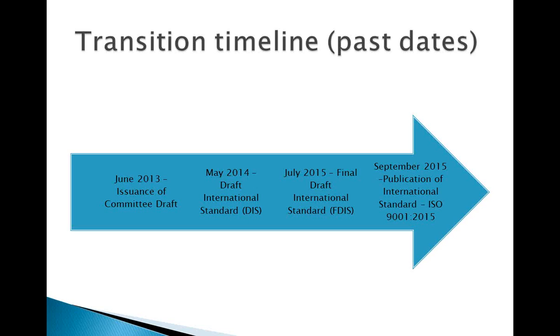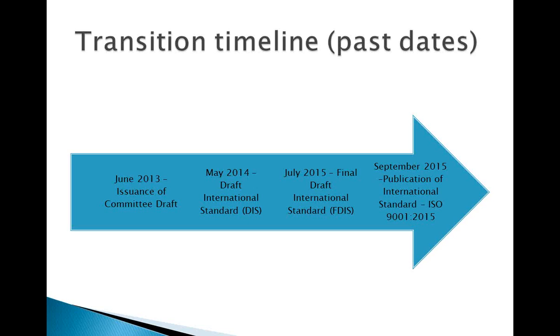The draft standard, in turn, gave way to, in July of 2015, the final draft standard, which was a little more refined, had some notes added to it. The final draft standard was roughly 95% or more a match to what we got in September 2015 when the finished standard was actually published.